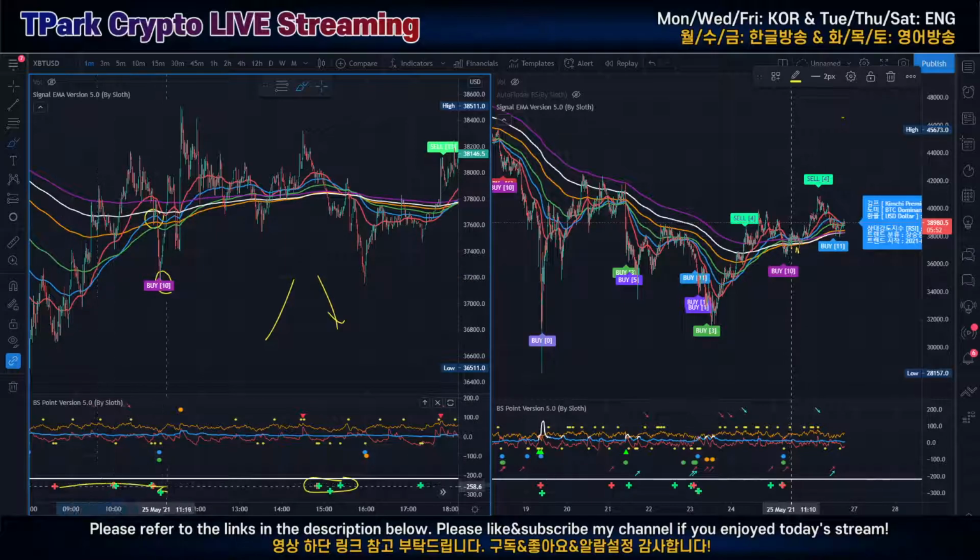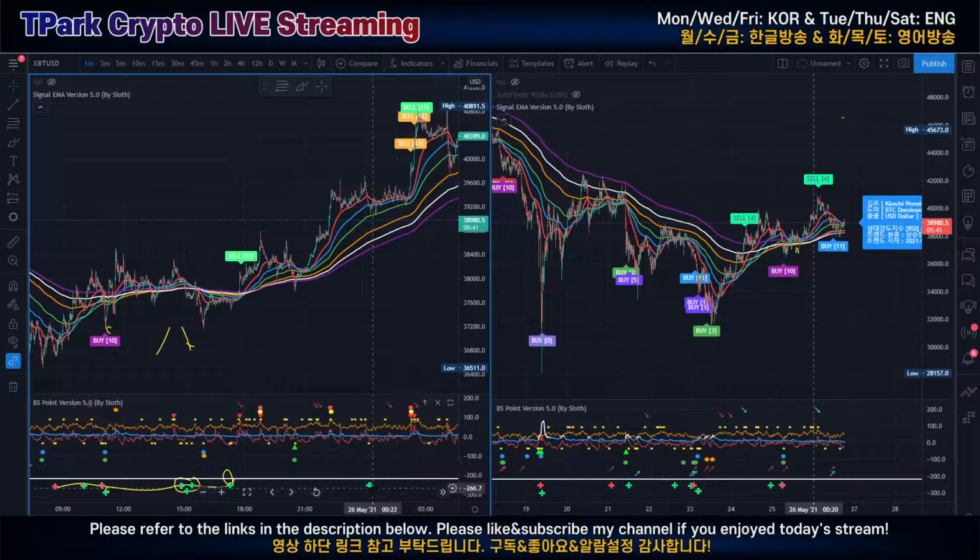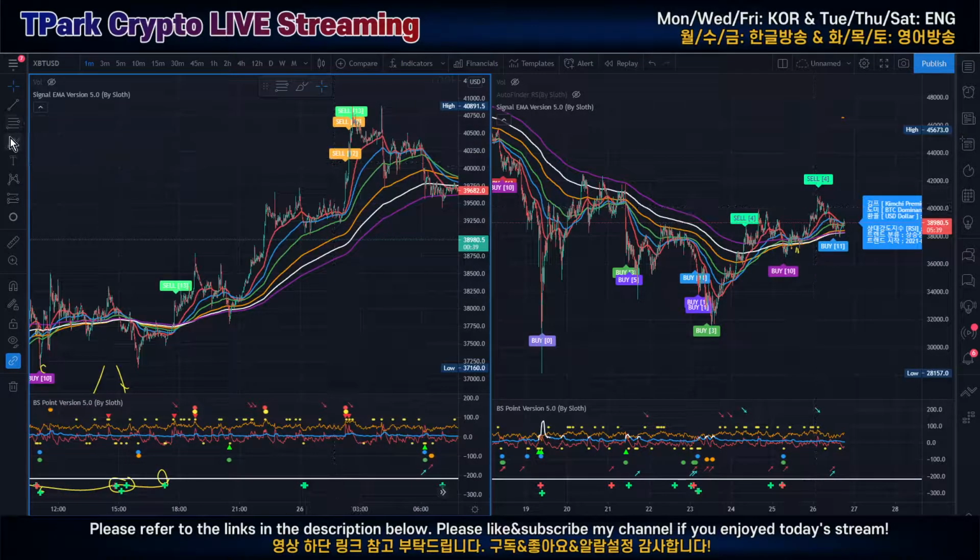So if it's above and close to this white line, you can just ignore them. If it's below, then you can take them into account and see if they are actually in a good trend. So this is a very low one, right? No, not as low, but here, this was a good low.